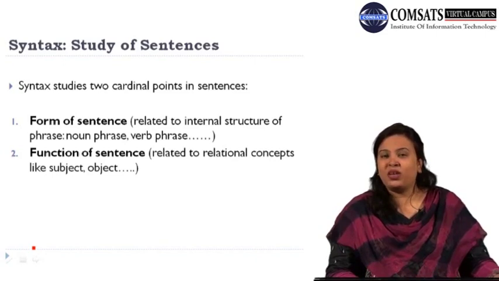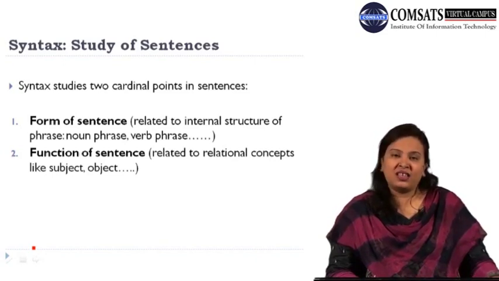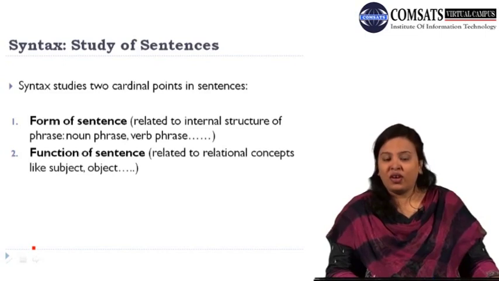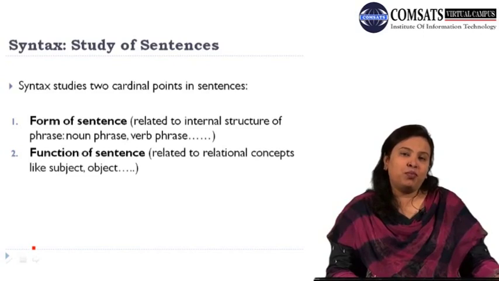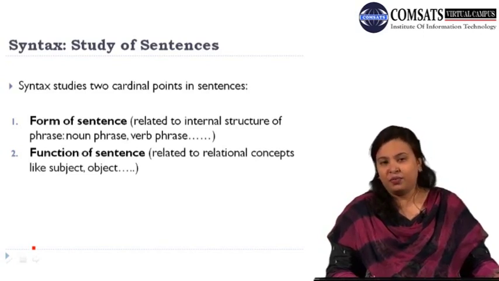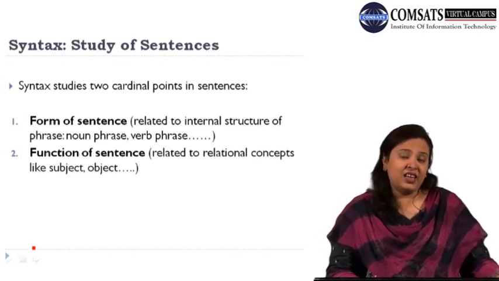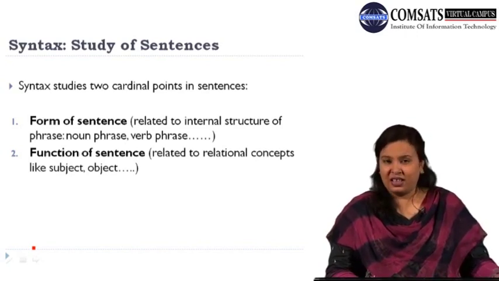And with respect to function of sentences, I mean at what position these nouns and verbs are communicating what meaning. For example, whether they are at subject, object, complement or modifier position, what function they are playing. This way, in a sentence we will be dealing with these two aspects.